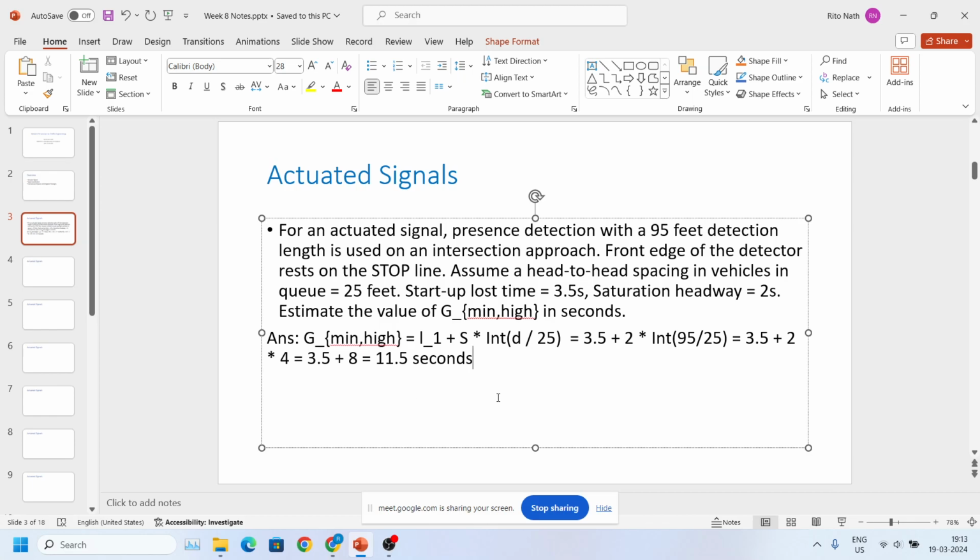And the second part of it is to estimate the value of G min. I think it was G min low. Let me check the assignment problem once.